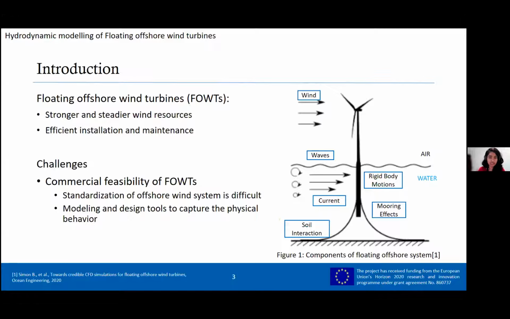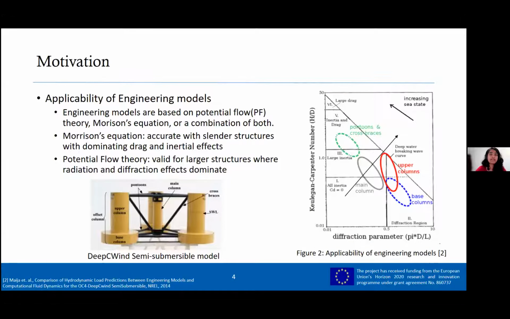And with this project, I'll focus on developing and improving the hydrodynamic modeling tools for floating structures. Talking about the motivation, it's important to understand the applicability of engineering models. The morning keynote session by Manuel highlighted the different engineering models used, so I won't go into much detail, but most engineering models are based on potential flow theory, or Morison's equation, or a combination of both.